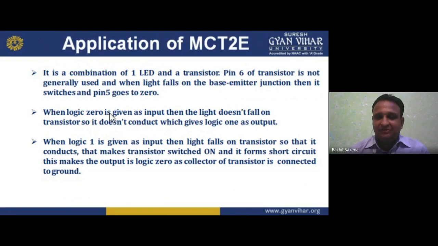The collector is connected at pin number 5, the base at pin number 6, and the emitter at pin number 4. So when logic 0 is given as input and the light doesn't fall on the transistor, it doesn't conduct, which gives a logic 1 output.